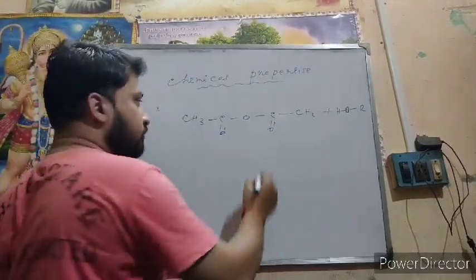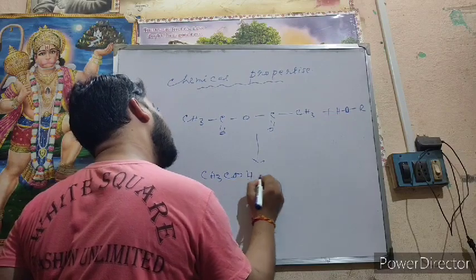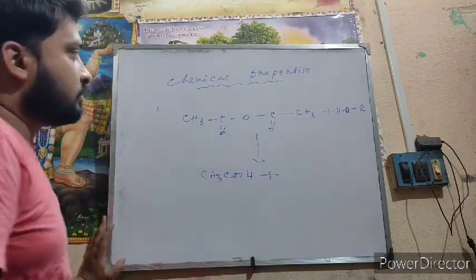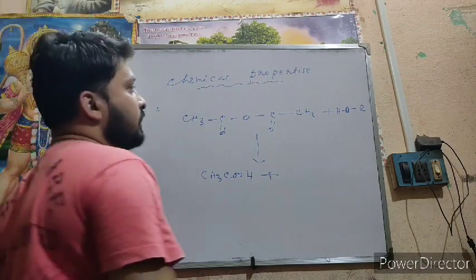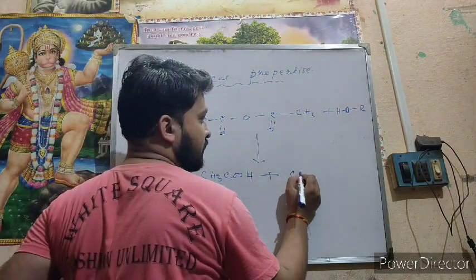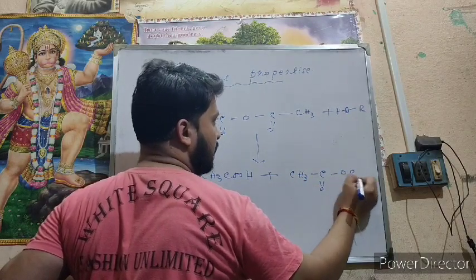So the product is acetic acid, CH3COOH, and another product is CH3COOR.